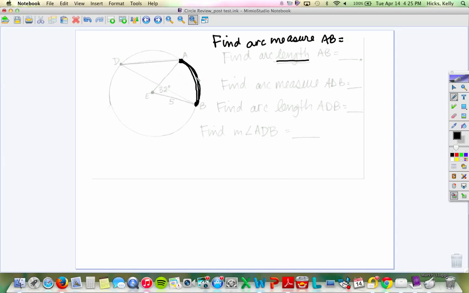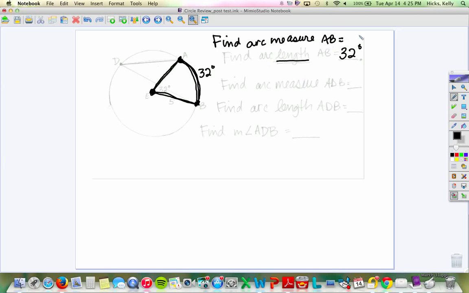Well, the arc measure is always the exact same thing as the central angle measure, if you have a central angle right there. And we do. We have an angle whose vertex is the center of the circle and who comes out at exactly the same places, A and B, as the arc did. That central angle is 32, so our arc measure AB is also 32 degrees.